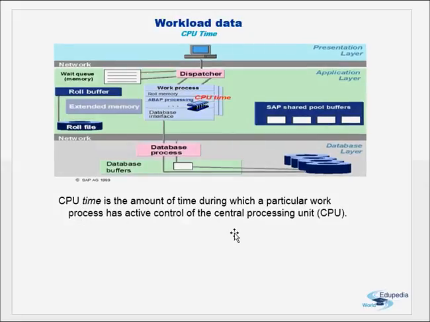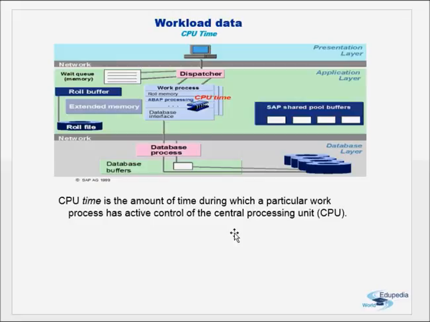Now, CPU time. CPU time is the amount of time during which a particular work process has active control of the central processing unit. CPU time is nothing but when the actual ABAP processing is running, the actual time taken by the work process when it's actively processing your request.